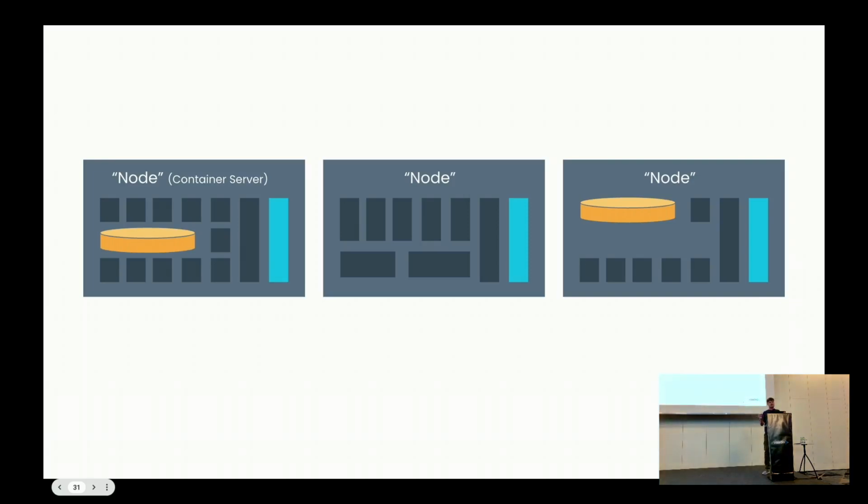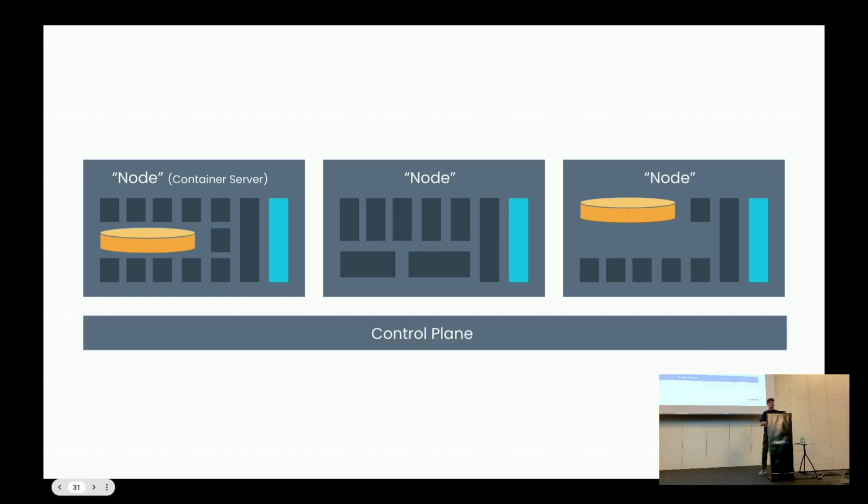If we had this 3-node setup with 7 pods in there, in Kubernetes, one pod is something that contains one or more containers. So if we have 7 pods in 3 nodes, we need to have a control plane for that.